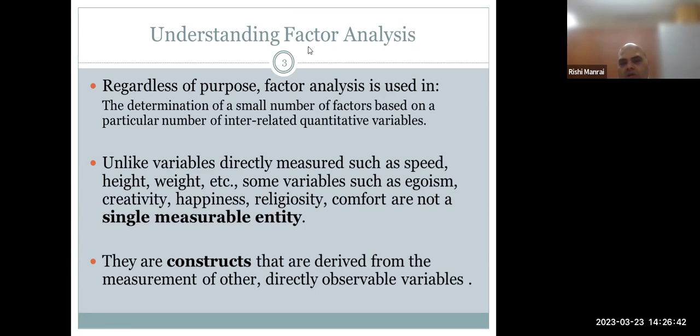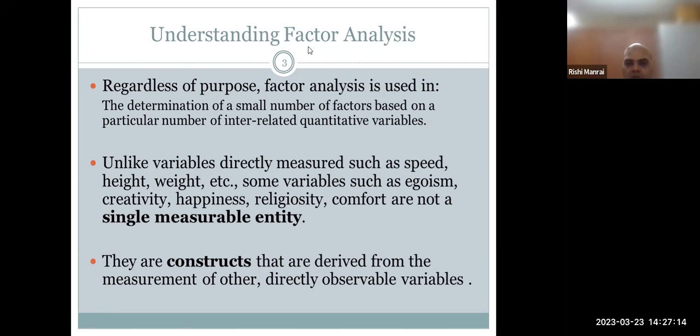When you are dealing with factor analysis, you will also understand how to frame a construct out of different variables. This helps in joining different variables to form a construct. These constructs are derived from the measures of other directly observable variables, which are joined using factor analysis to form the construct.